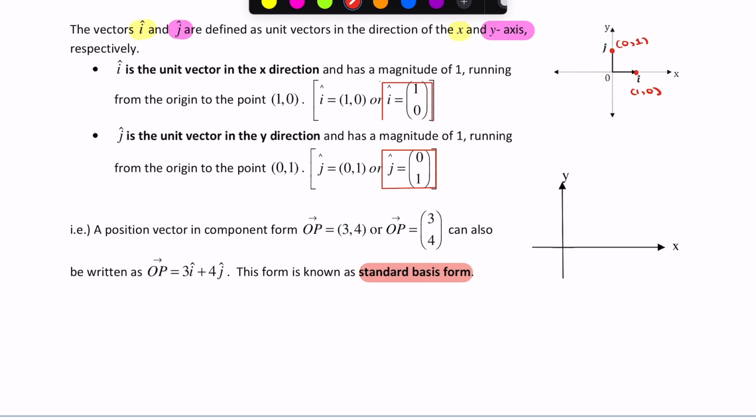If we draw this vector on the right, what 3i plus 4j means is that there are 3 unit vectors in the x direction and 4 unit vectors in the y direction.